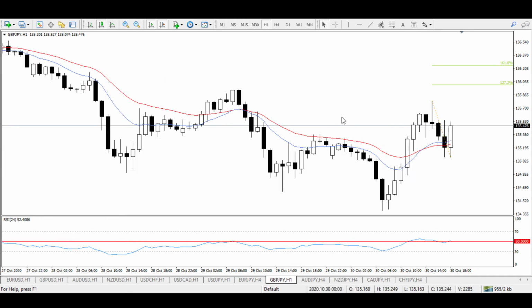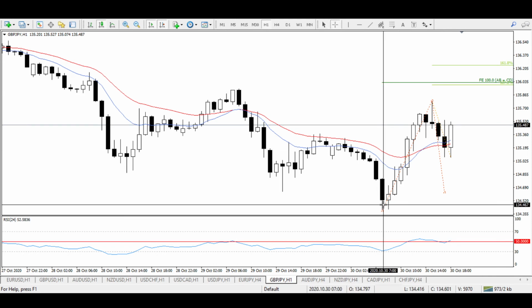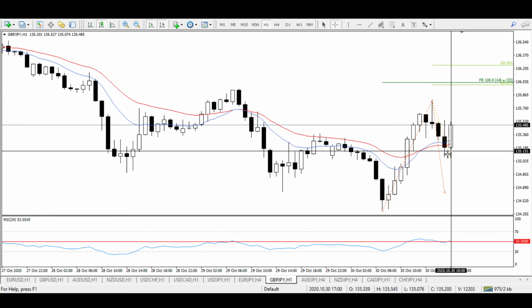So here we go. There is a nearest resistance made by 127.2% of this recent retracement, or if you calculate as per the AB leg, so this can be like A B C D movement.